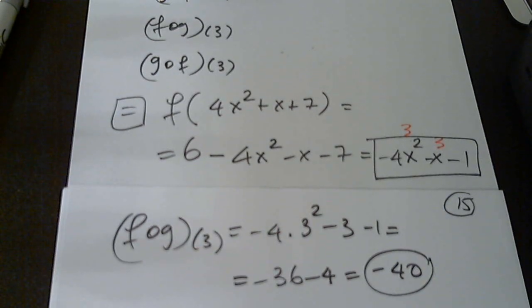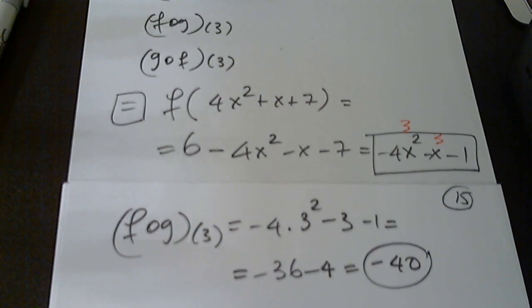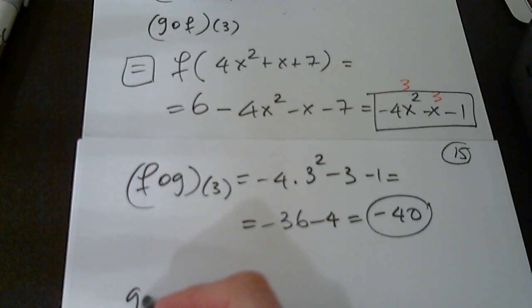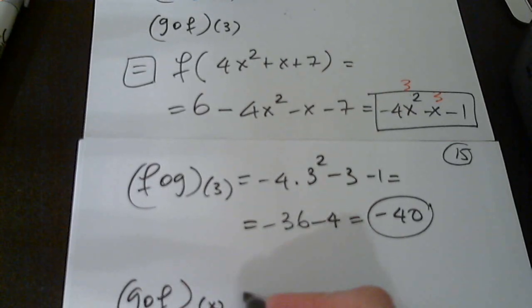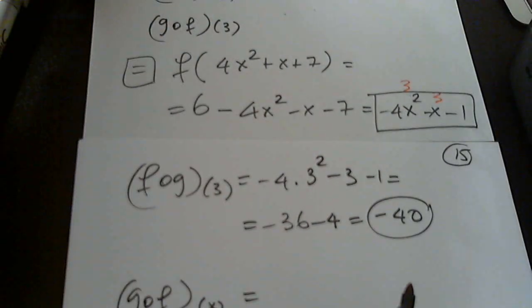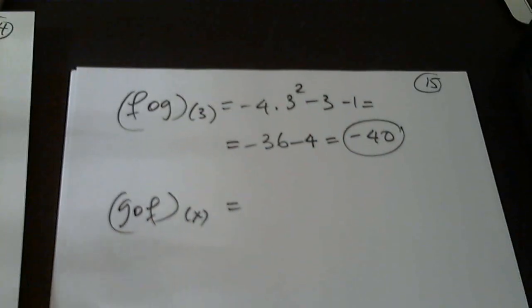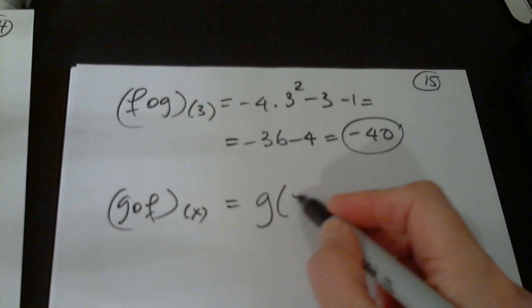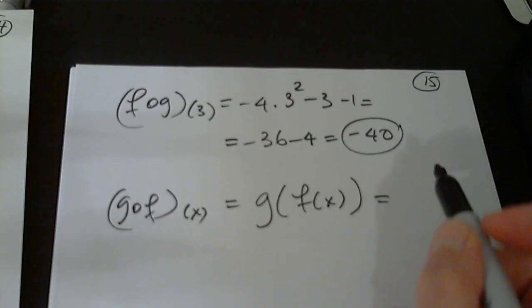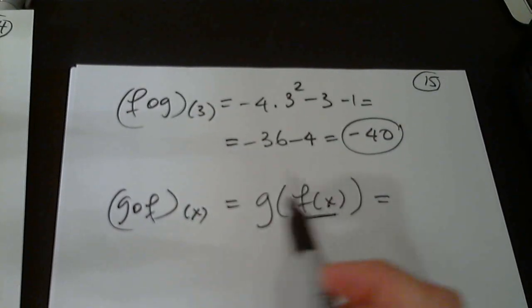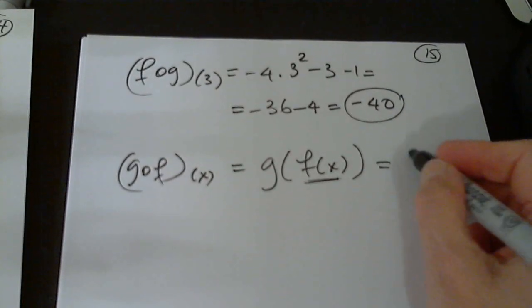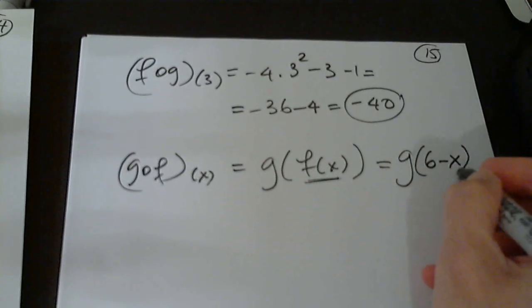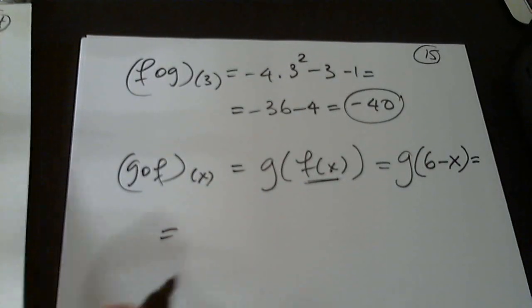Now I go back and determine g comp f of x. I write the definition first, so I see it, so I know what I'm doing. G of f of x. I replace f of x now by 6 minus x. So this is g of 6 minus x. Now I look at g.